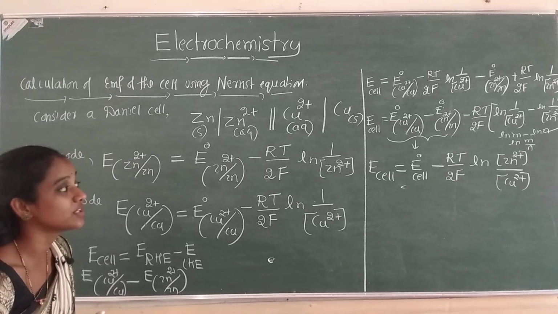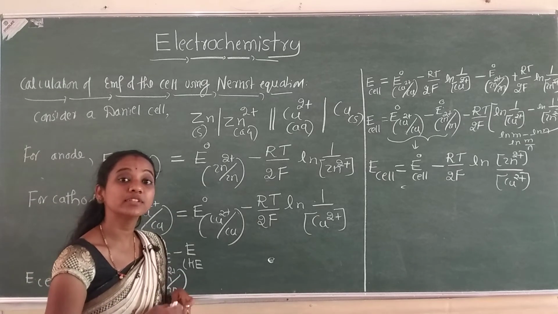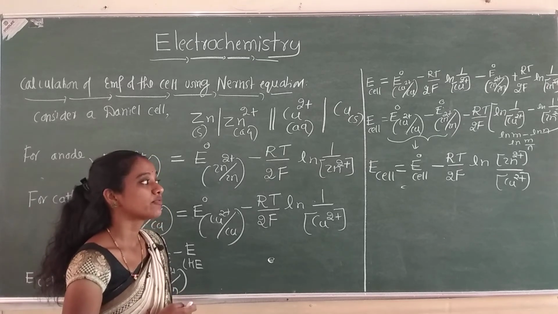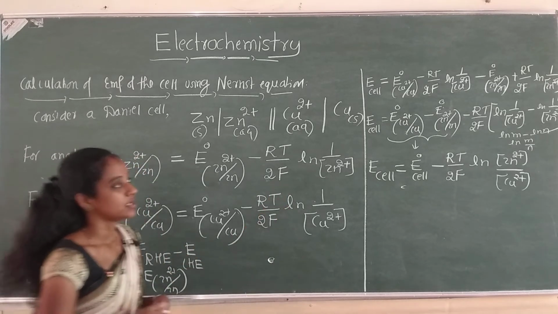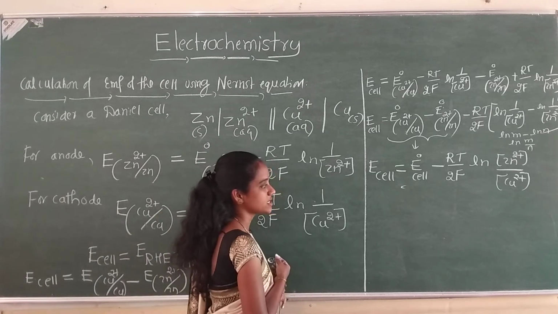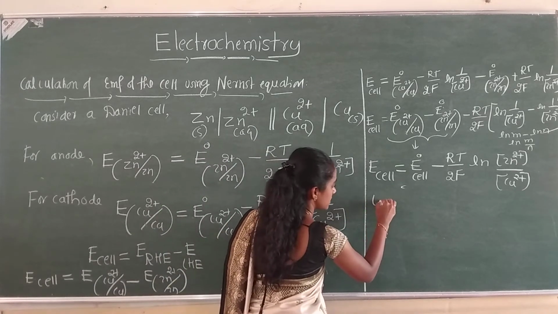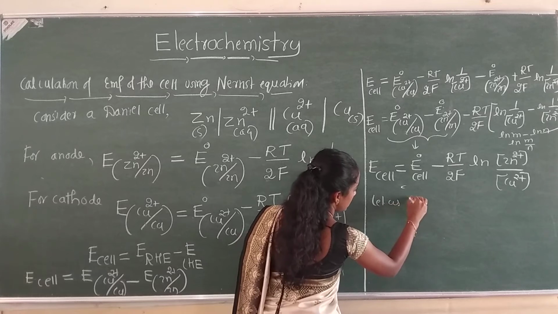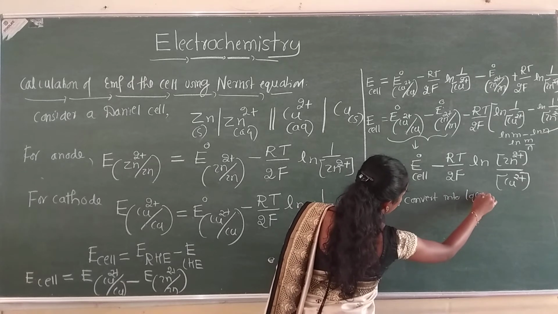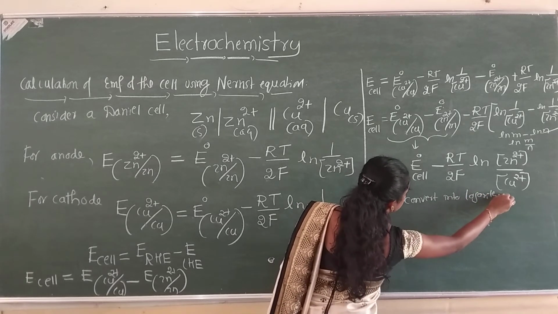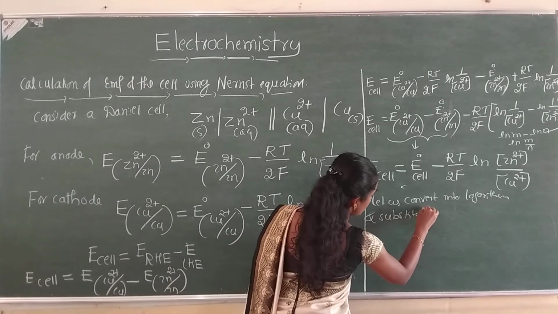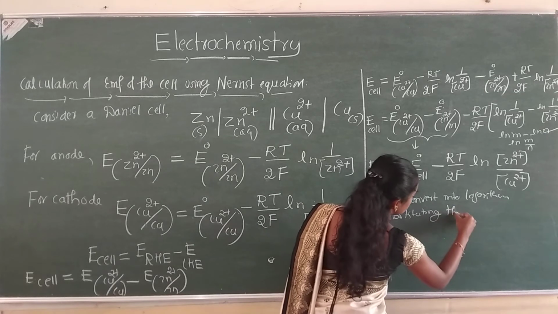Now let us convert ln into log, that is, natural logarithm to the base 10. What we have to do is multiply this term by 2.303 and also substitute the values.